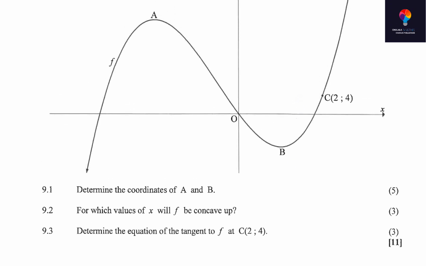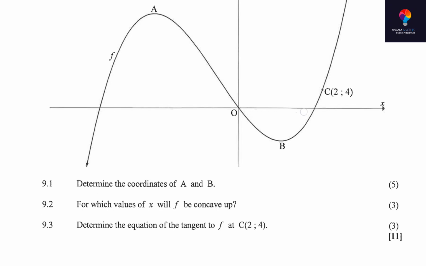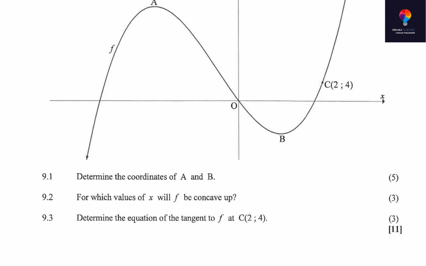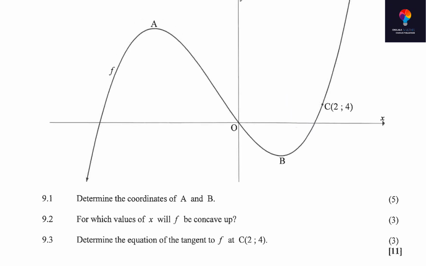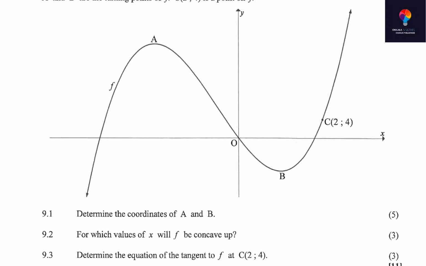As you can see, 9.1 is saying we must determine the coordinates of A and B, and 9.2 is saying for which values of x will f be concave up, and 9.3 we must determine the equation of the tangent of f at the point C where x coordinate is 2 and the y coordinate is 4.